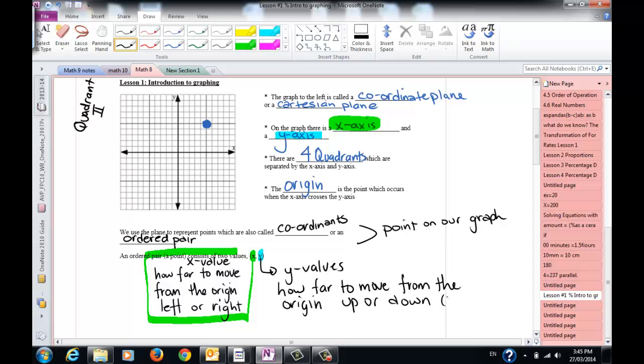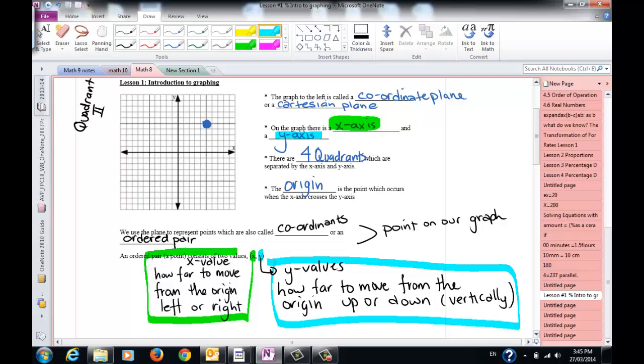We also call this vertically. And just so that you are aware, the x values, we call these horizontal. So if I was just looking at that big blue blob that I put up here, now it's kind of looking a little brownish.